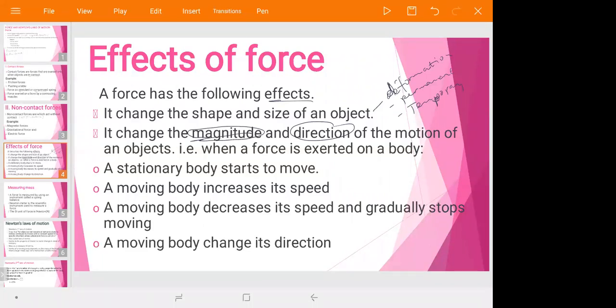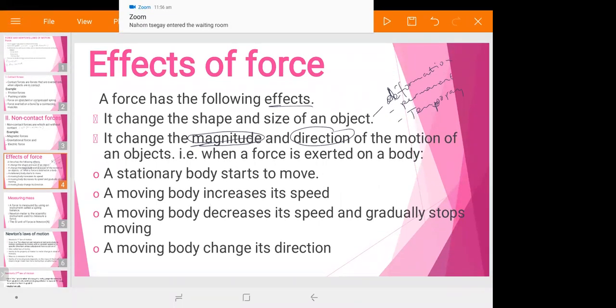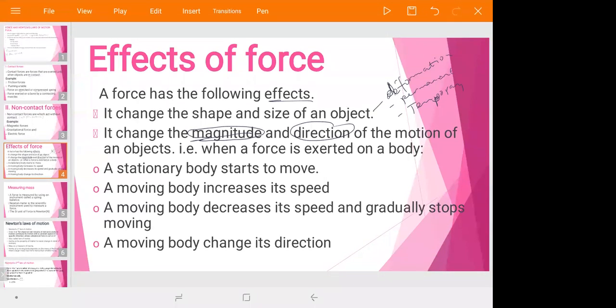For example, if one body is at rest, when you apply a force on it, that body can start its motion. If you take a stone and apply a force on it, you can throw it. Therefore, a force can change the state of motion.